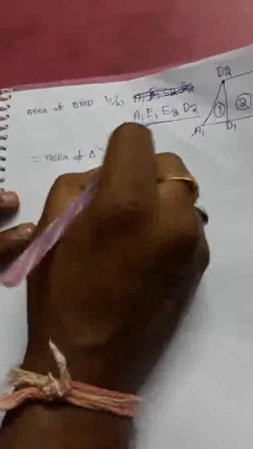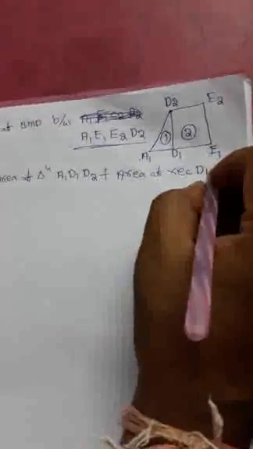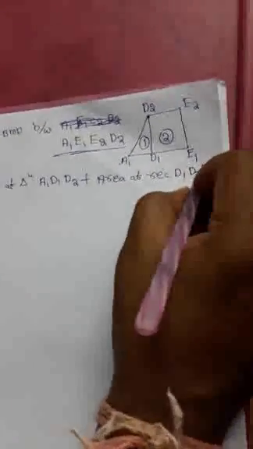The formula is: first the area of the triangle A1, D1, D2, plus the area of the rectangle D1, D2, E1, E2.